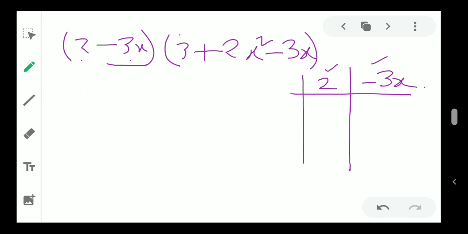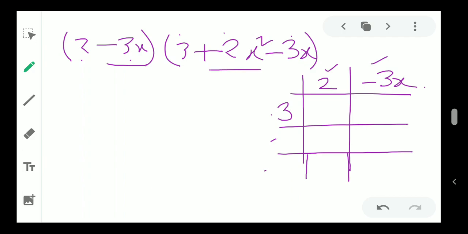Here I have 3 terms, so I will have 3 separations, 1, 2 and 3. The first term is 3, the second term is plus 2x squared, and the last term is minus 3x. So my job is done.